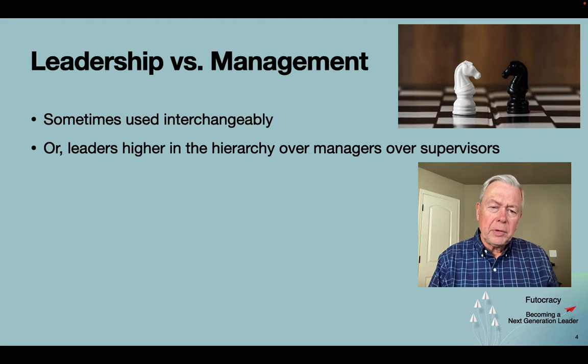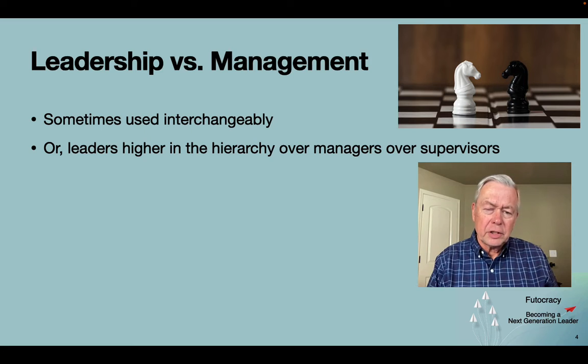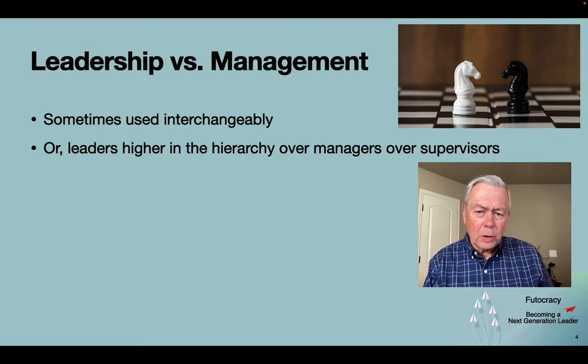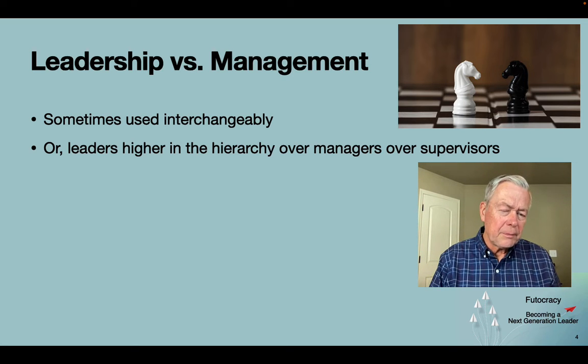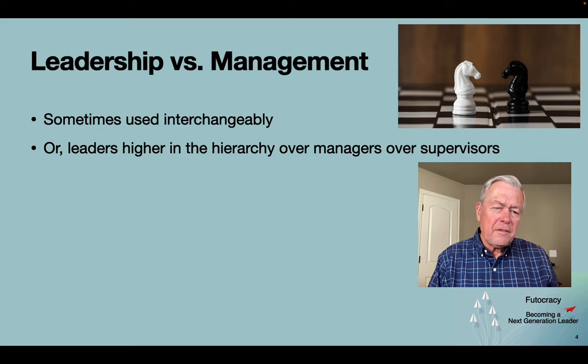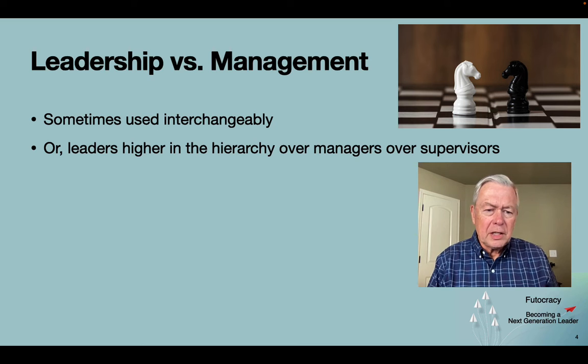Those that are more in the middle are often called managers versus the first level supervisors at the lower level. So there is some hierarchical differences, but again, the functions between leadership and management are really kind of mixed up within this framework.